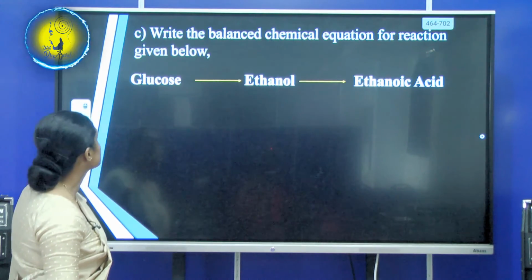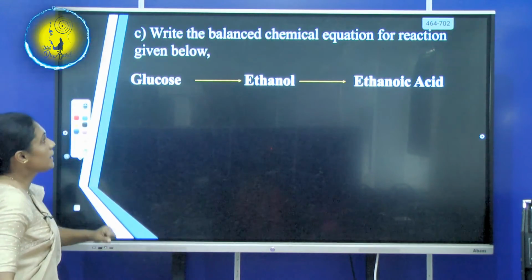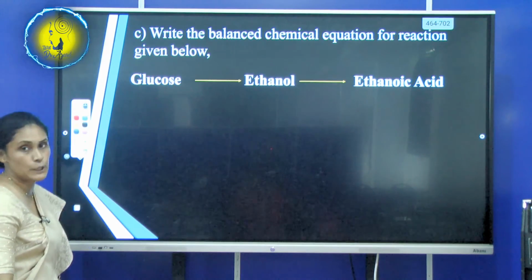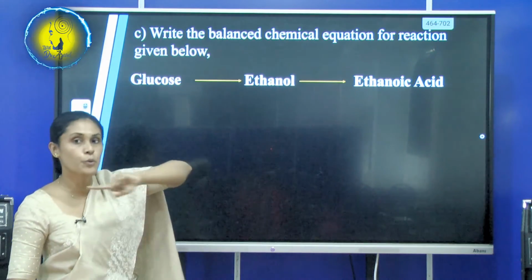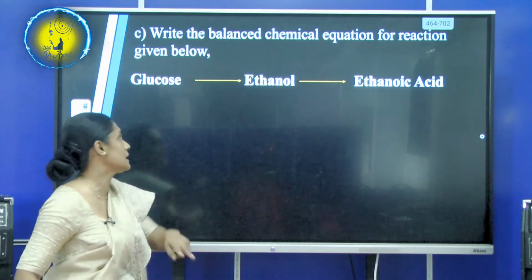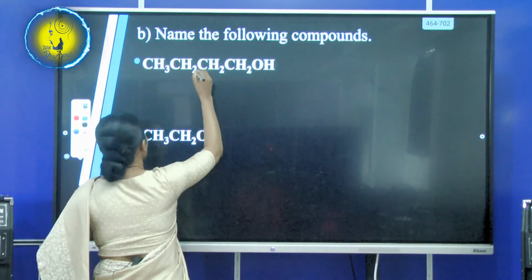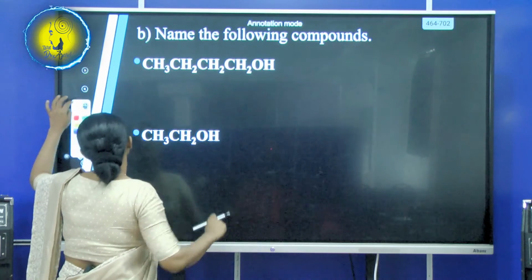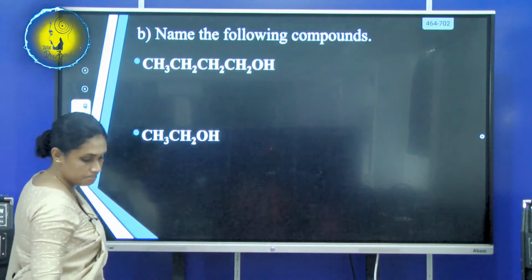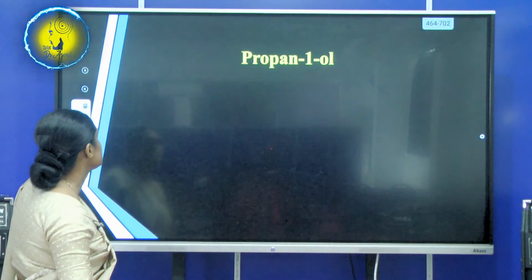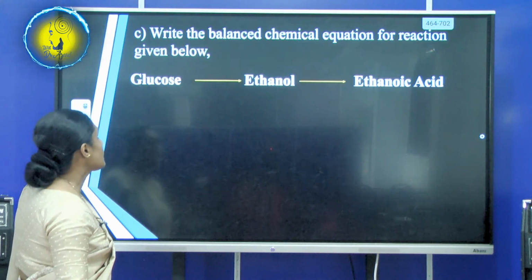Next one, write the balanced chemical equation for the reaction given below. You see there are two processes, there are two reactions here. Let me say this is reaction 1 and reaction 2.